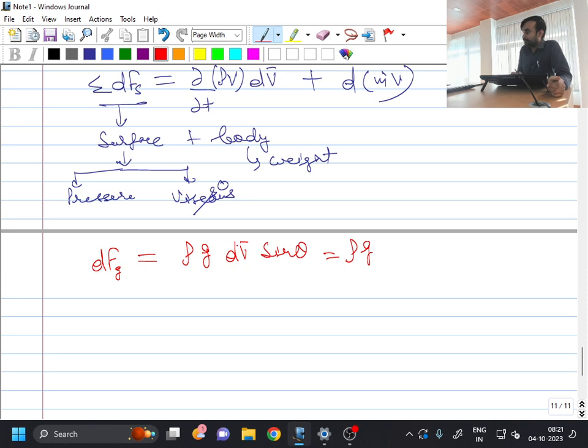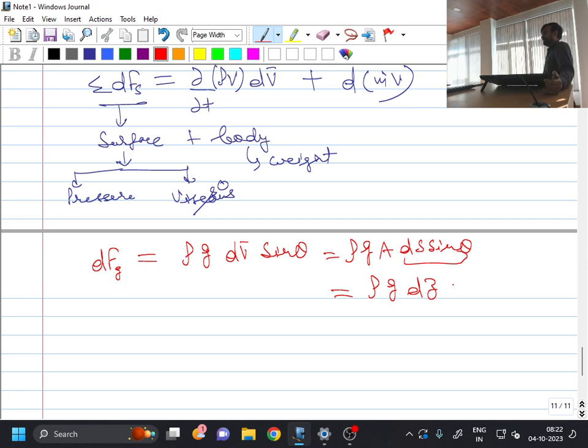Rho g, and in place of dV bar I can write, nearly equal, A into ds sine theta. And what is ds sine theta? ds sine theta is equal to dz. So it will become rho g times dz, sorry, into A. Yes, rho g A into dz.